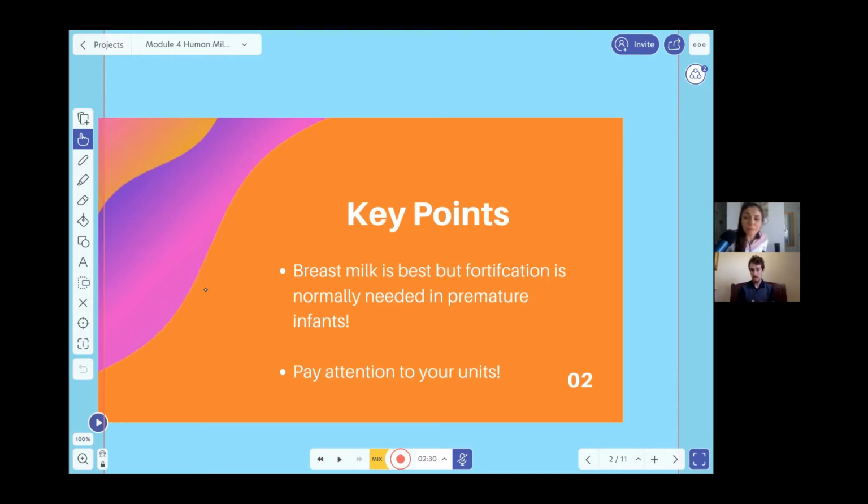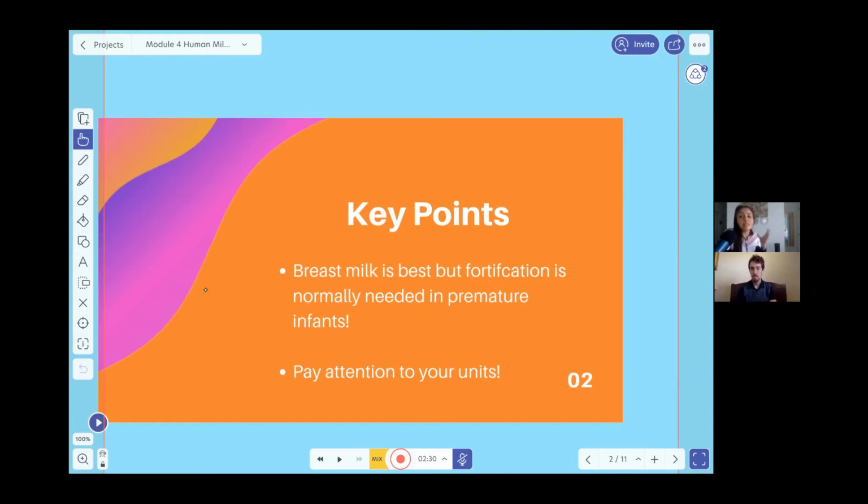Before you move on, I just want to make sure I understand. So why wouldn't we fortify breast milk for the term infant if that would result in some extra nutrients for them? So Dr. Abel does go over this in our module and in her presentation. When we use the fortification we normally use formulas like Similac and Enfamil, what we're going to be using today, and that actually does denature the breast milk. So when you have a term infant, it's not necessarily what the mothers and the neonatologists or physicians want, because breast milk is always best and breast milk is 100% capable of providing all the essential nutrients for a term infant.